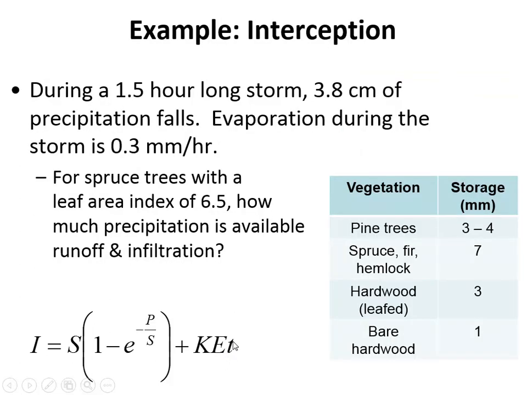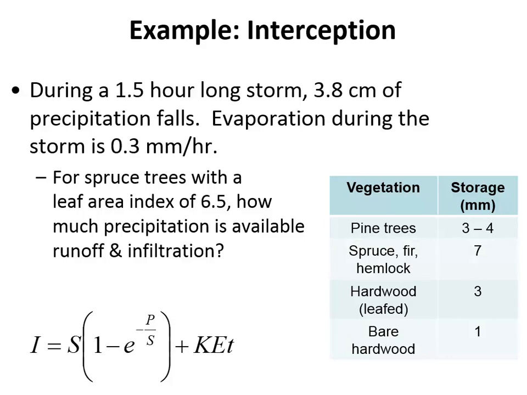So just to put it into practice, if we were going to say that there is a storm that's 1.5 hours long, 3.8 centimeters of precipitation, and we know that the evaporation rate during the storm is 0.3 millimeters per hour, then why don't you try and calculate for the spruce trees and a leaf area index of 6.5.